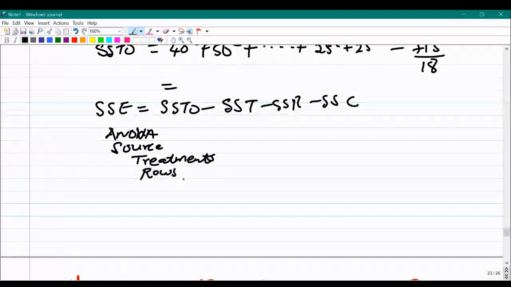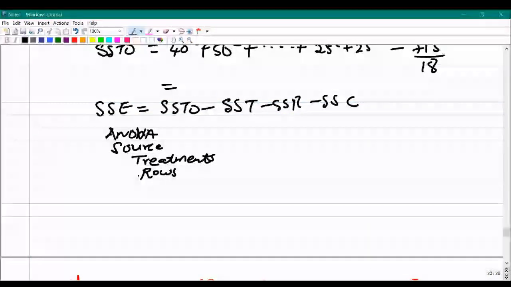For writing, it's not a must that you always start with the treatment or the rows. You can start with any. There's no order that strictly must start with the columns. You can start with the rows, columns, and the treatment. It's fine, as long as the values are in line with errors.